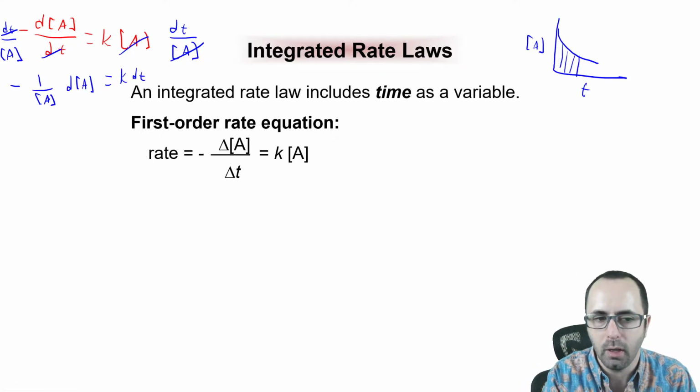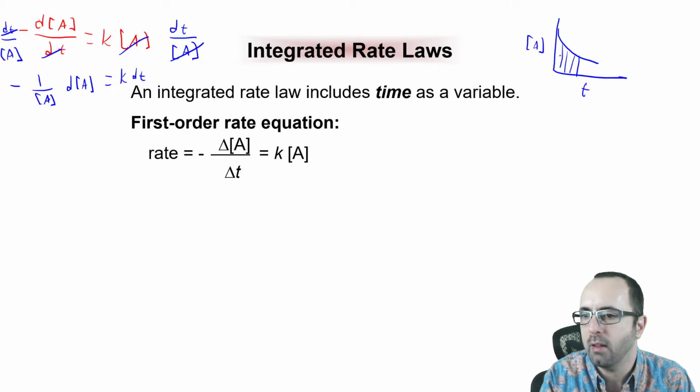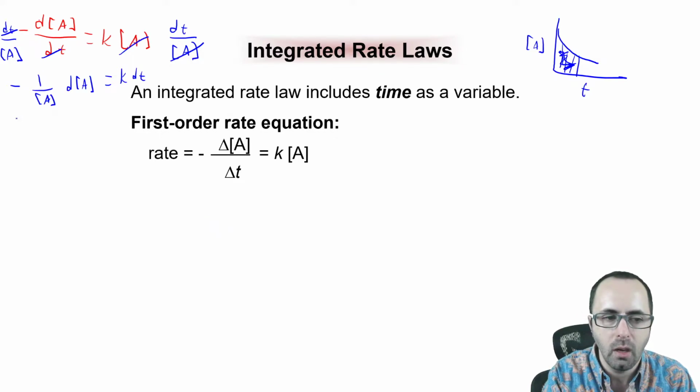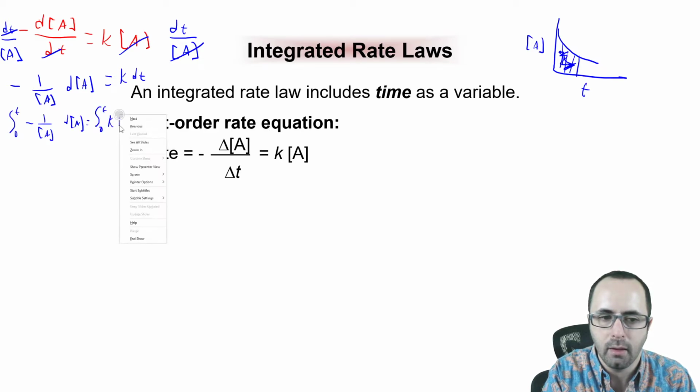And that's what integration does. It's a fancy calculus way of adding up everything that happened before a certain time t. And so we're going to do that. We're going to integrate from time 0 to time t, and so we get the integral of 1 over concentration of A d concentration A equals the integral from 0 to t of K dt.